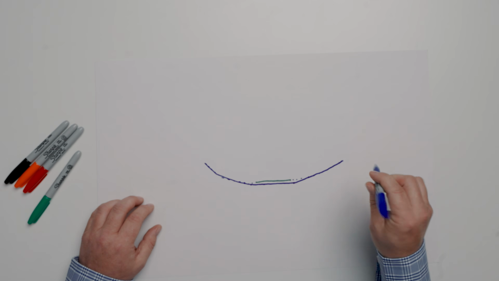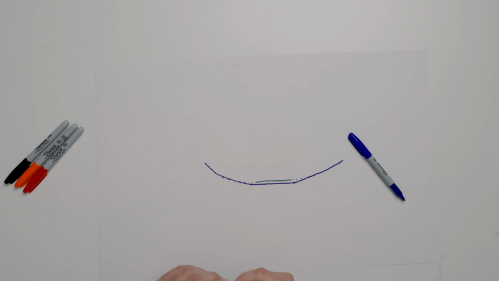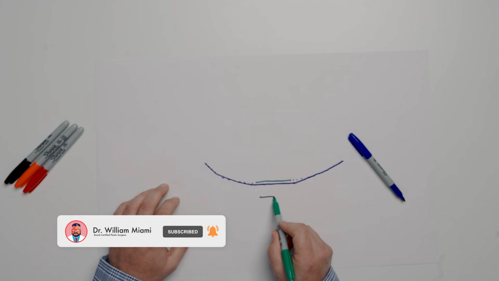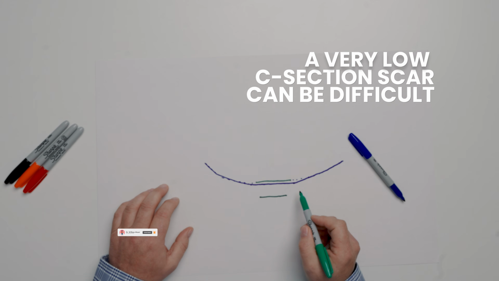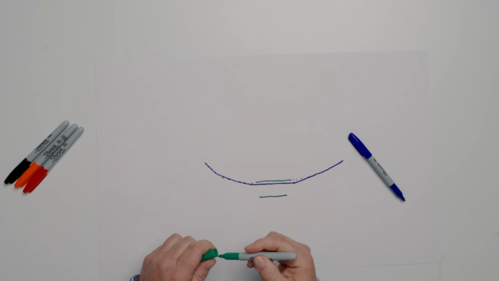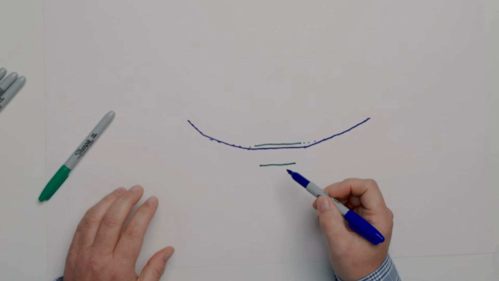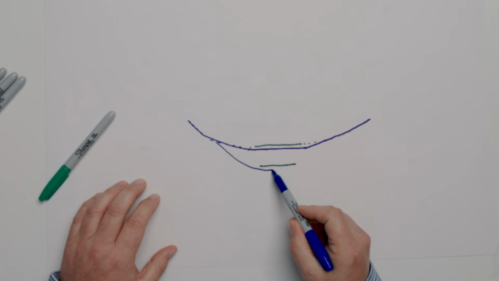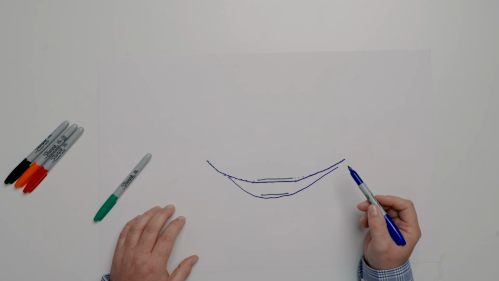That's the most common way. Occasionally, in fact, I just saw somebody this week who had a very low C-section scar, and it can be difficult to make the tummy tuck incision down that low, because if I dive down here to pick up that scar, it can give me two problems.